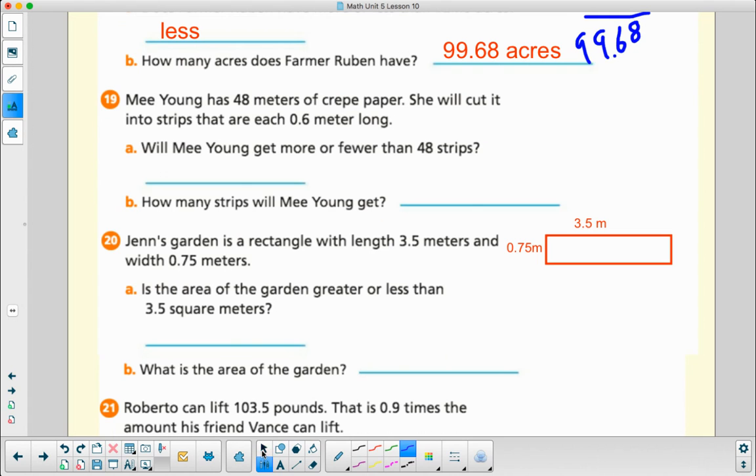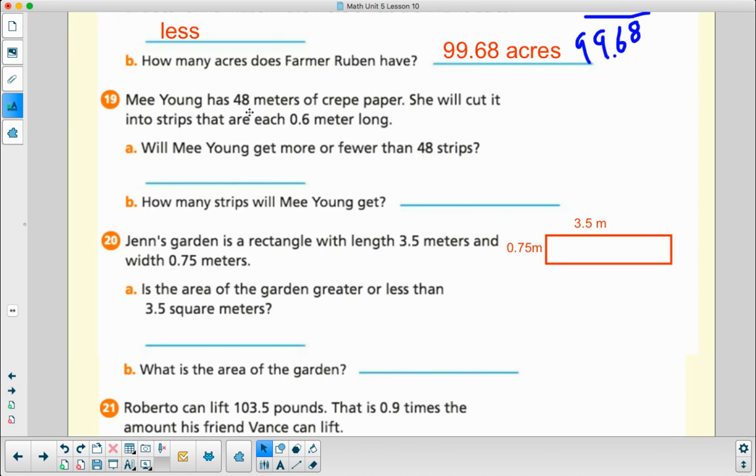Number 19, if you don't think you got it right, check it before you listen to my answer. Mi Young has 48 meters of crepe paper. She will cut it into strips that are each 6/10 of a meter long. Will Mi Young get more or fewer than 48 strips?